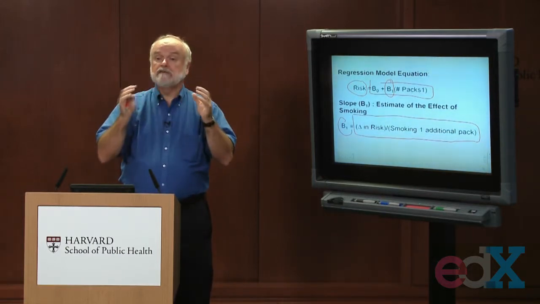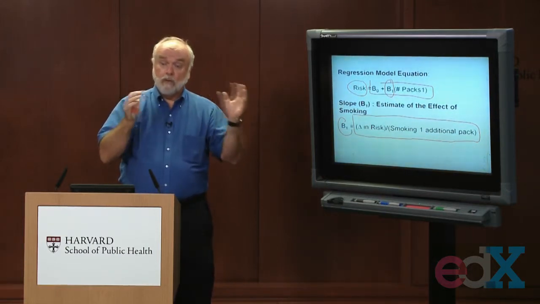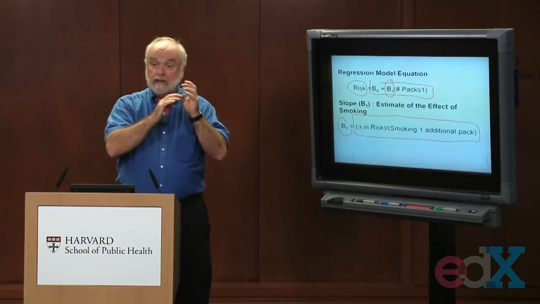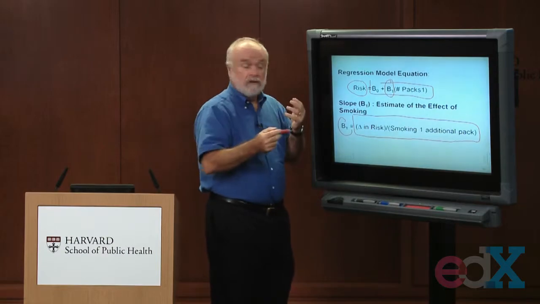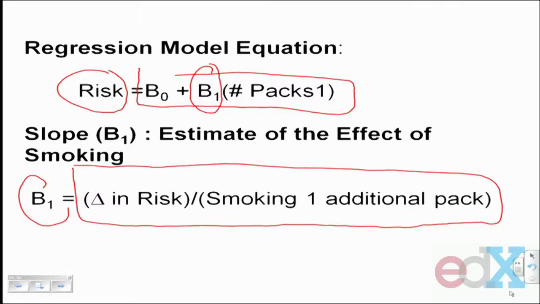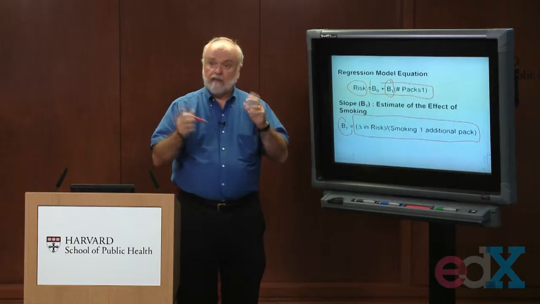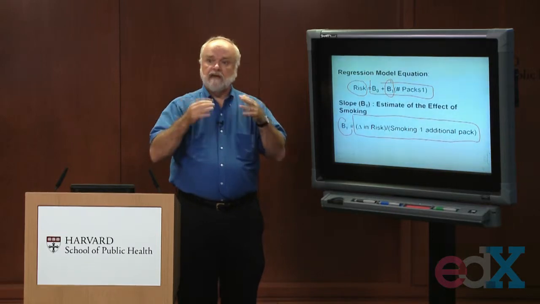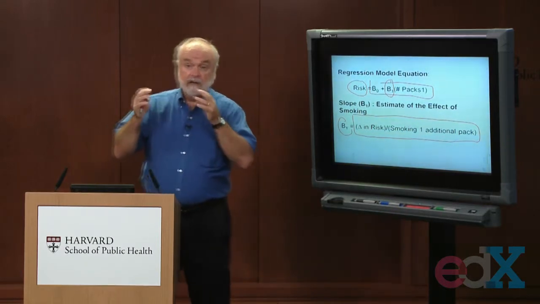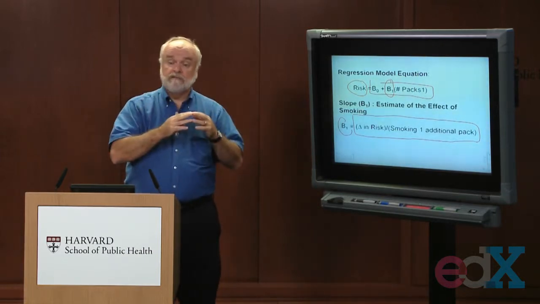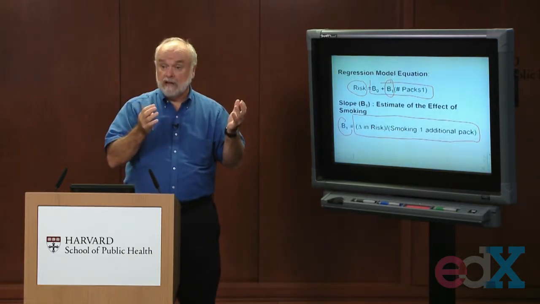X is the amount of packs of cigarette smoking. So B1, representing little m, is interpreted as how much your risk changes, increases or decreases, due to smoking one additional pack of cigarettes. And that's a very nice measure of association to describe the impact of smoking on a person's risk of mortality in this case.